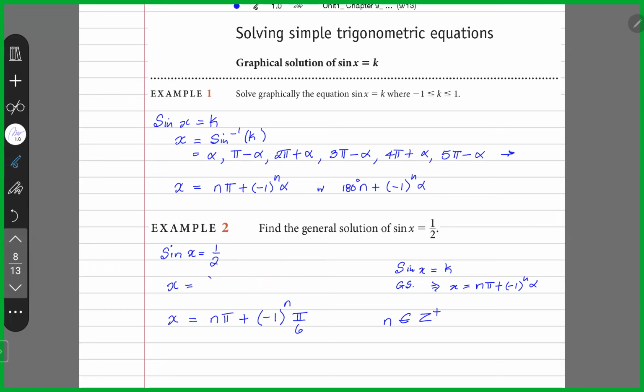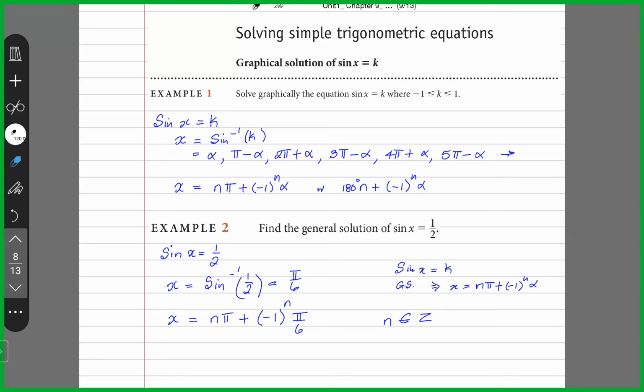So this is sine inverse a half. And the answer in the first quadrant is pi by 6. And the answer is true for all values of n, where n is an integer, not just positive integers. All right.